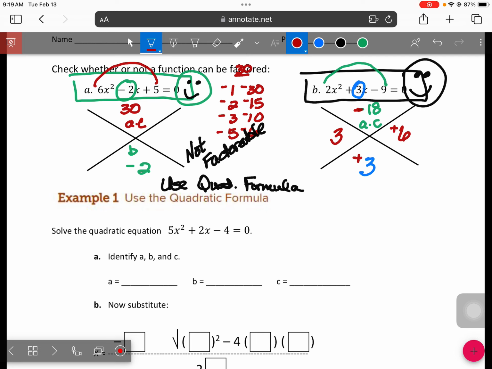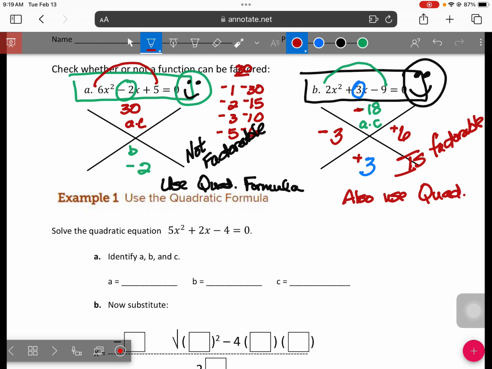That tells me my larger digited number is positive. The other is negative. So this is factorable. It is able to be factored. So I could do Xbox with it. But you can also use the quadratic formula here.